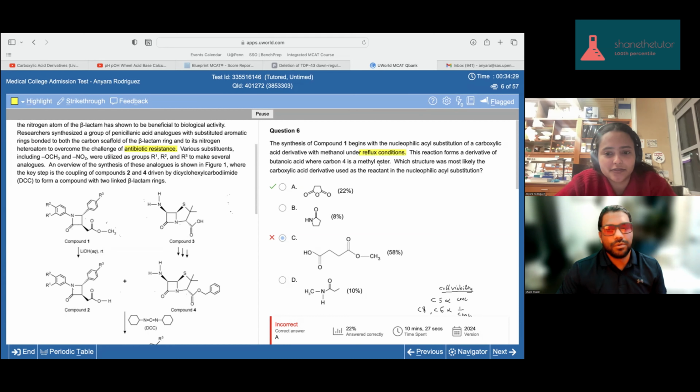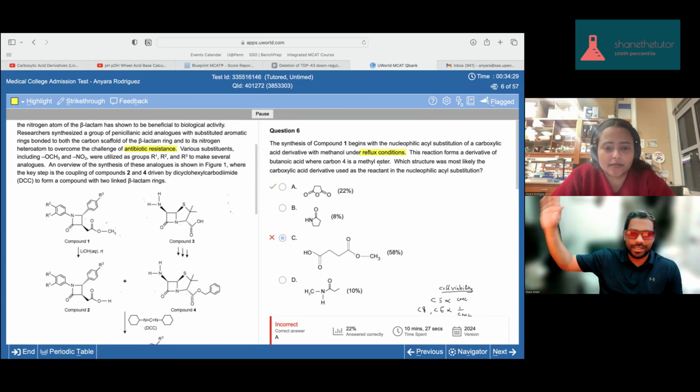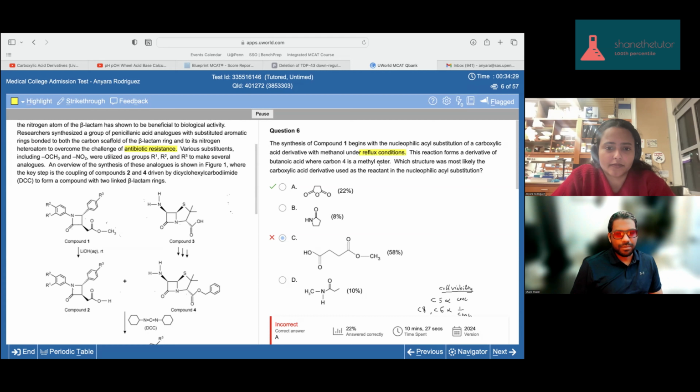Yeah, right. So reflux is essentially if you boil some mixture and you condense the vapor back into the liquid. The vapor that turns back into the liquid will go back into the vessel or the glass that you put the reaction mixture into initially.